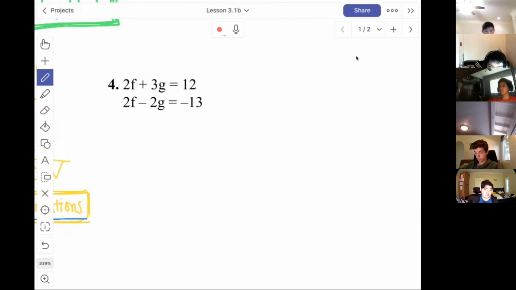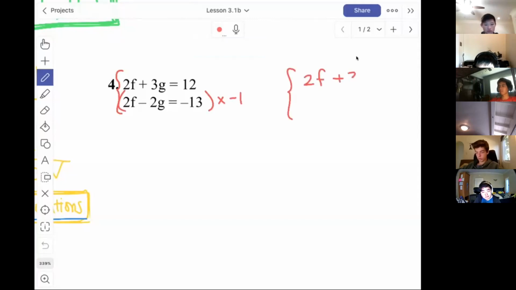And I'm going to show you guys something. Okay, there's 2 ways you can do this. You can subtract and get rid of F. But a lot of times students make careless mistakes when they subtract. So instead of doing that, I'm going to advise you to multiply one of the equations by -1.